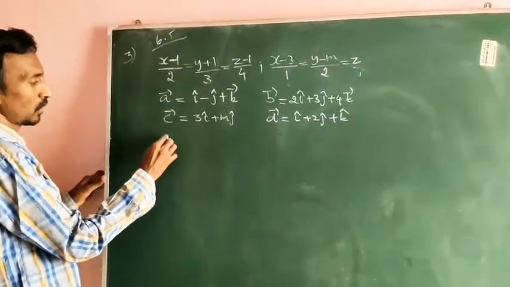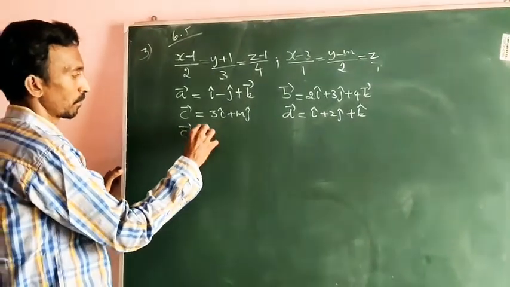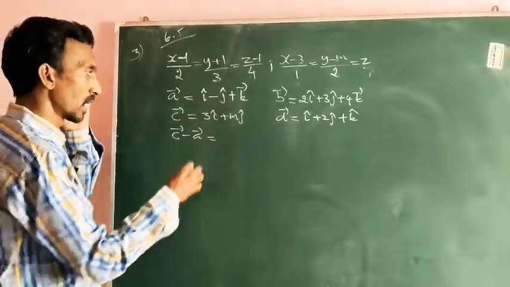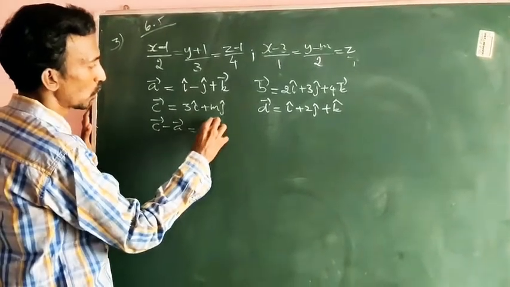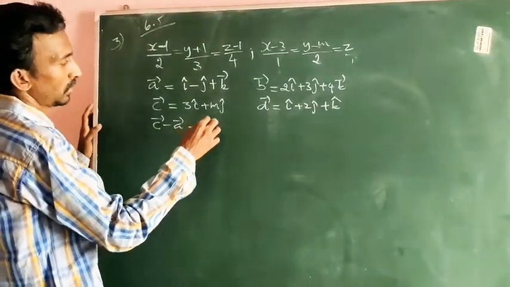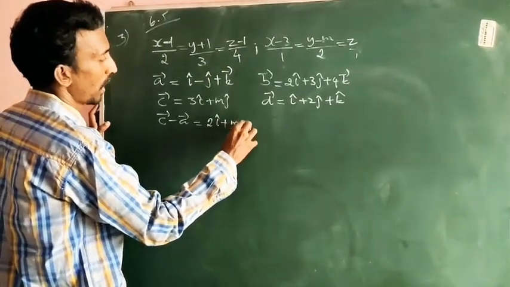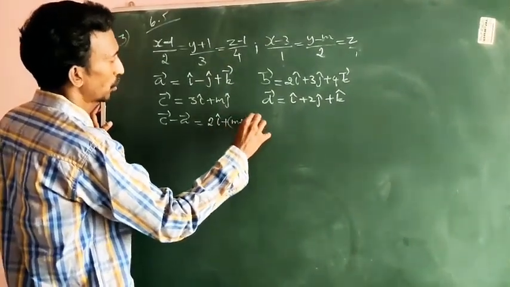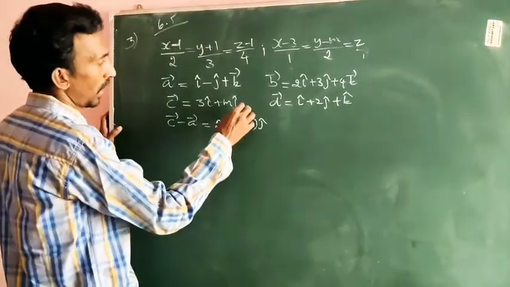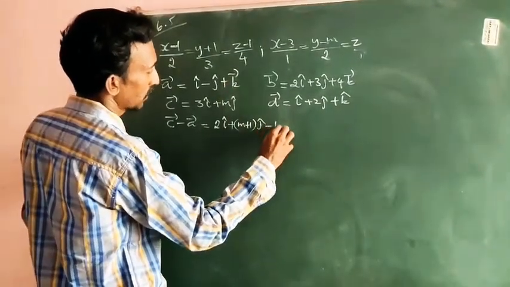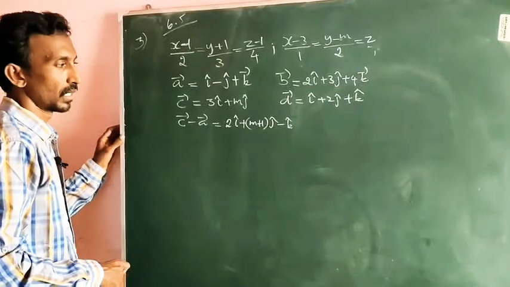So first find c minus a. So c minus a means 3 minus 1, 2i, then m minus of minus 1, so m plus 1 into j, and 0 minus 1, minus k. That is c minus a.